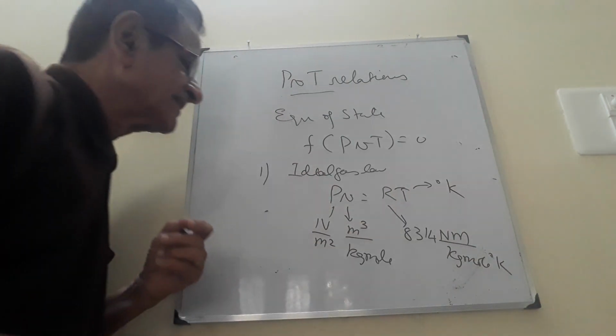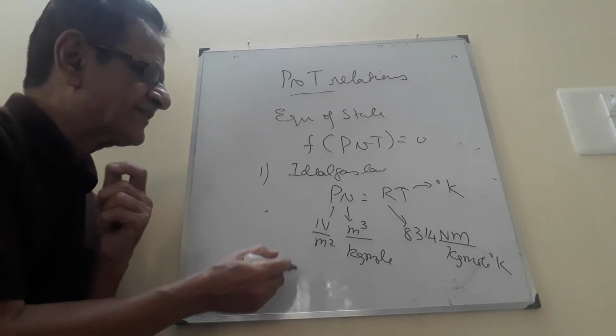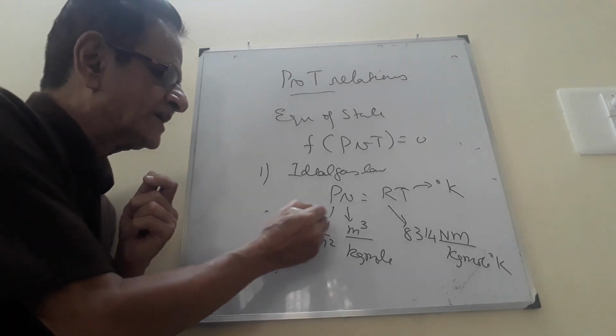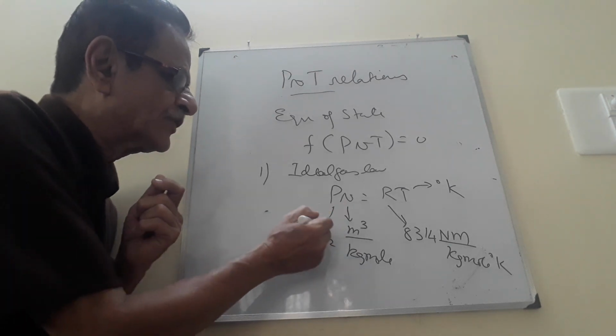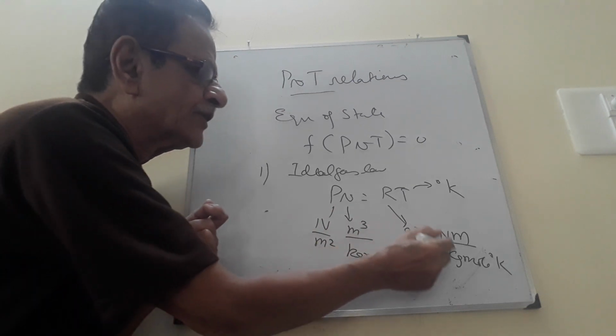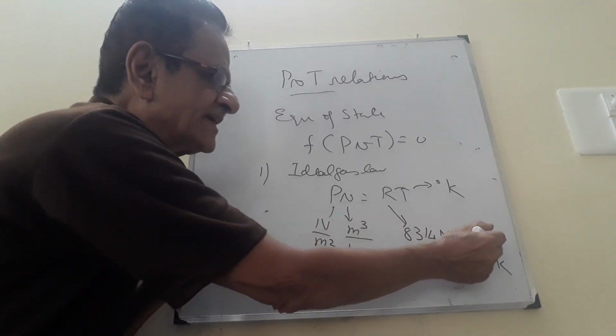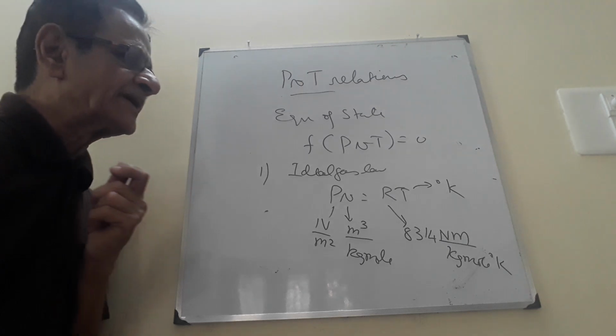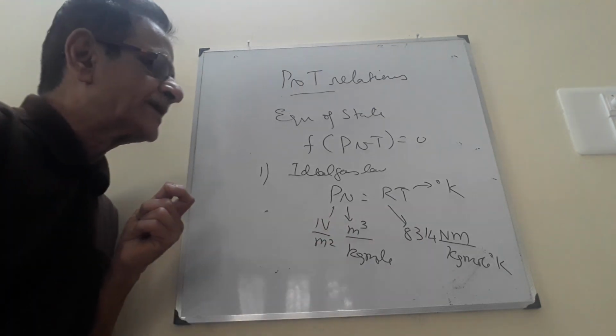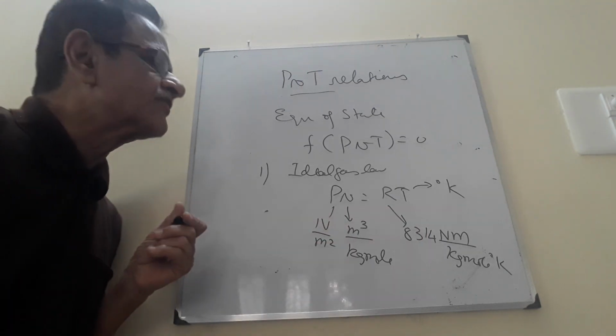These are units in SI system. Pressure Newton per meter square, if you multiply this by volume, the meter square will get cancelled to give Newton meter per kilogram mole. Multiply by temperature degree Kelvin, you will get Newton meter per kilogram mole. So it is 8314 Newton meter per kilogram mole degree Kelvin. That's the units of R.